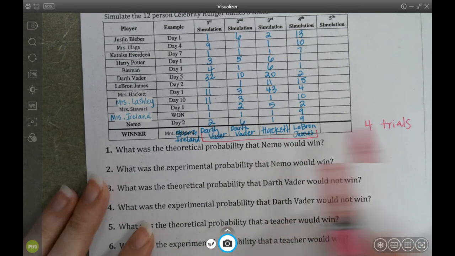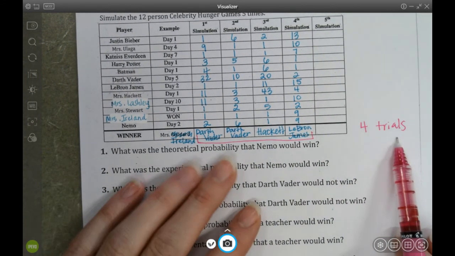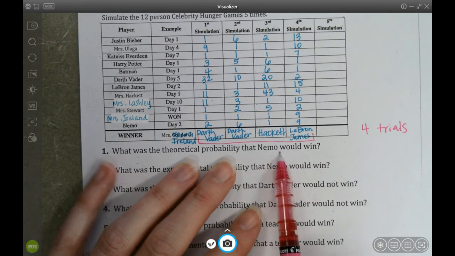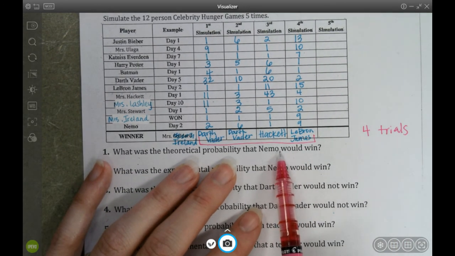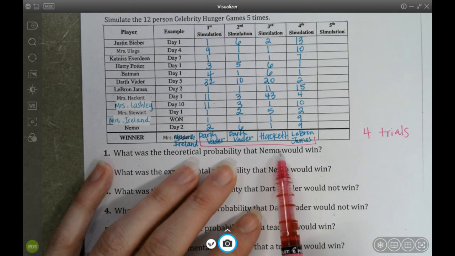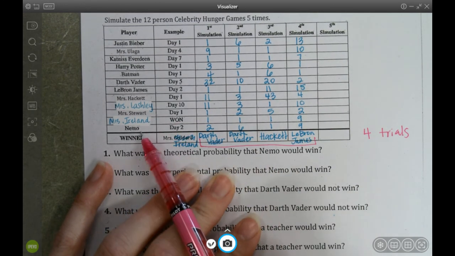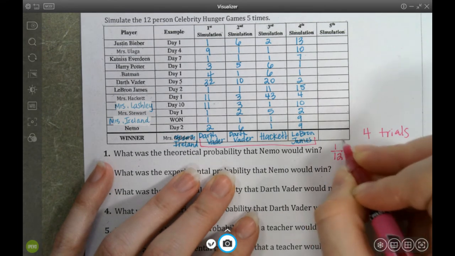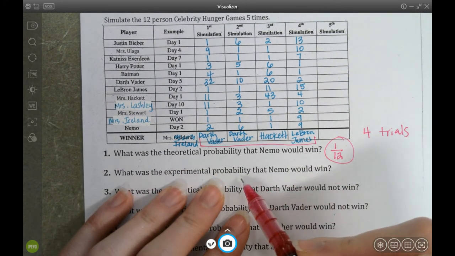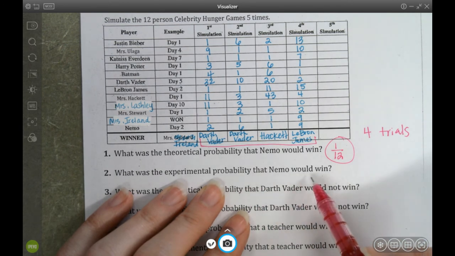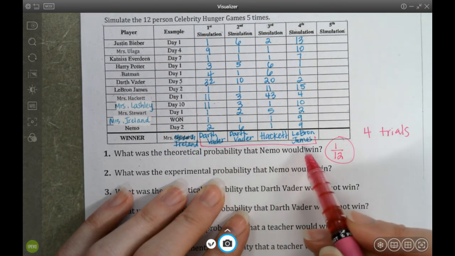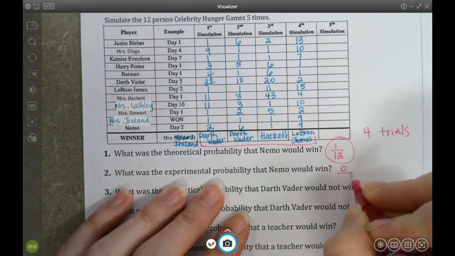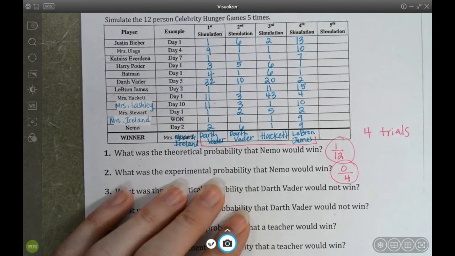So 4 simulations, so 4 trials. What was my theoretical probability that Nemo would win? Assuming they all have an equal chance, 1 out of 12, because he's 1 out of our 12 people. What was my experimental probability that Nemo would win? 0 out of 4, because he didn't win any of my 4 trials.